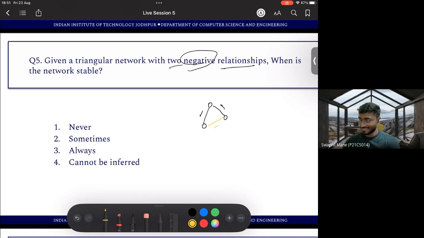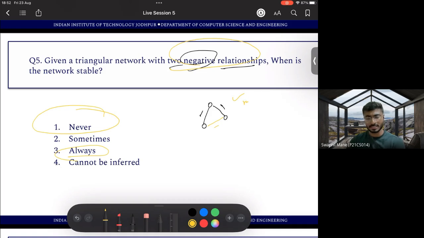Considering this statement, this is not possible. So in this case the network is unstable. So under this condition it's not always stable, and it is also not never stable.